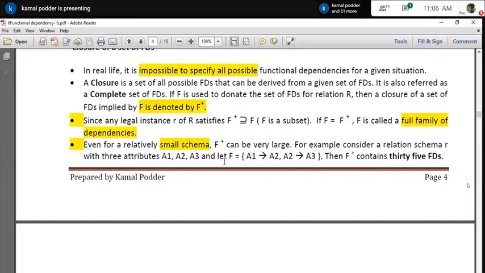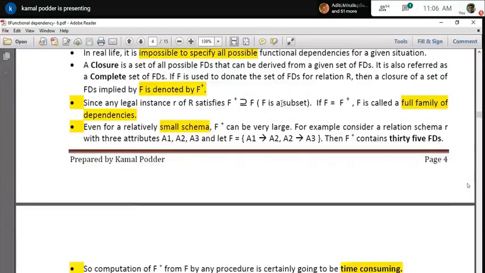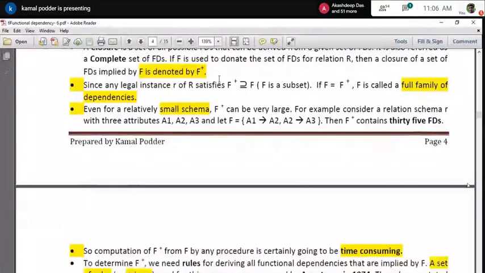So closure is a very important concept. If you find out the closure, then we can at least tell that we get all the FDs which apply to that particular relational database. If F is used to denote the set of FDs for a relation, then generally we denote the closure as F+. This is the mathematical symbol we use for representing the closure.